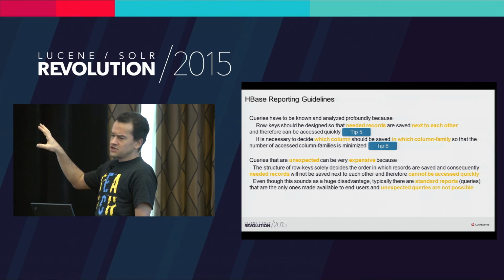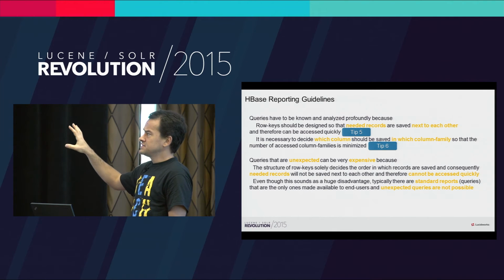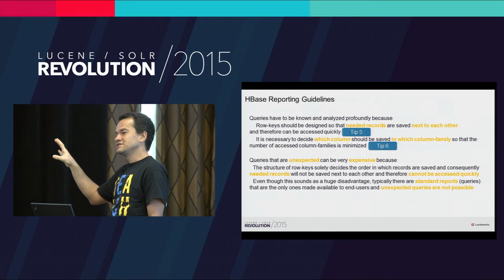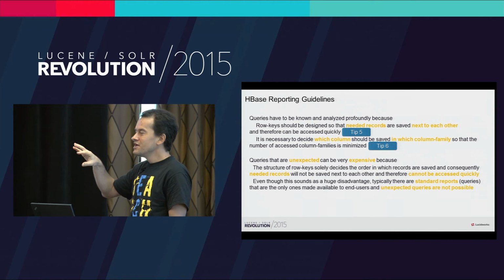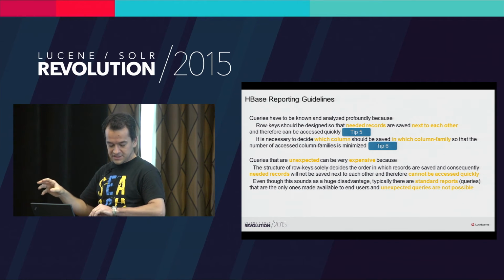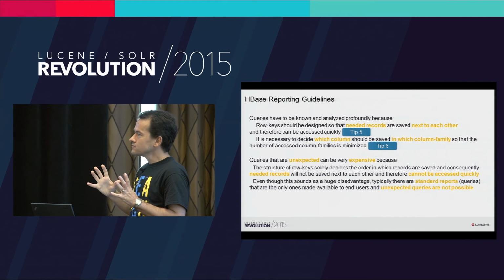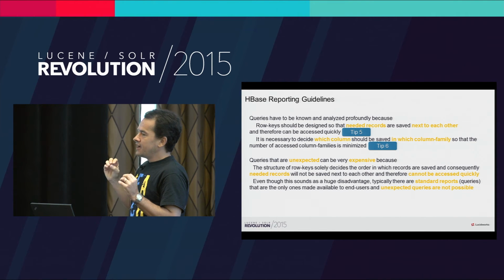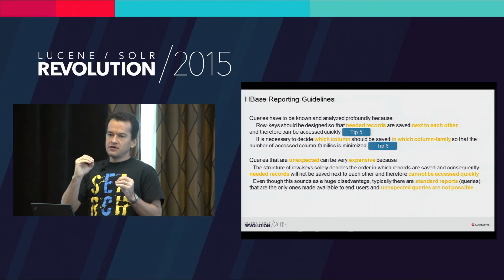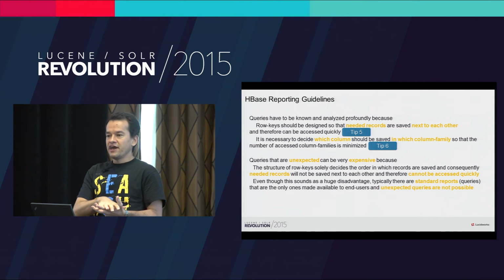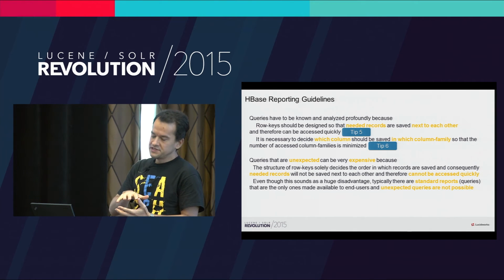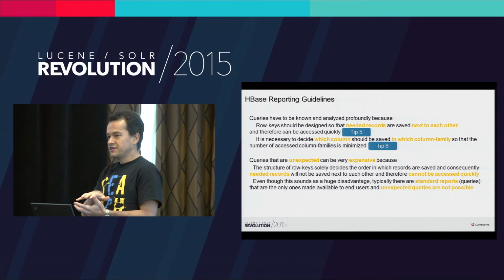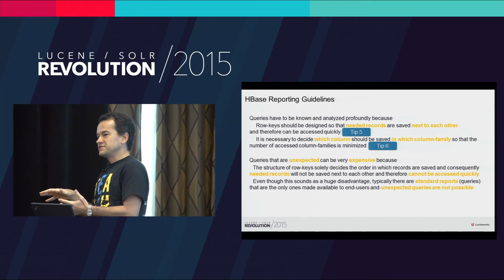Here, I intentionally haven't said that it's guideline number 9, because I didn't want to give more guidelines for HBase than for Solr. But more or less, the point here is that if somebody sends a query that is not expected, that can be very expensive.